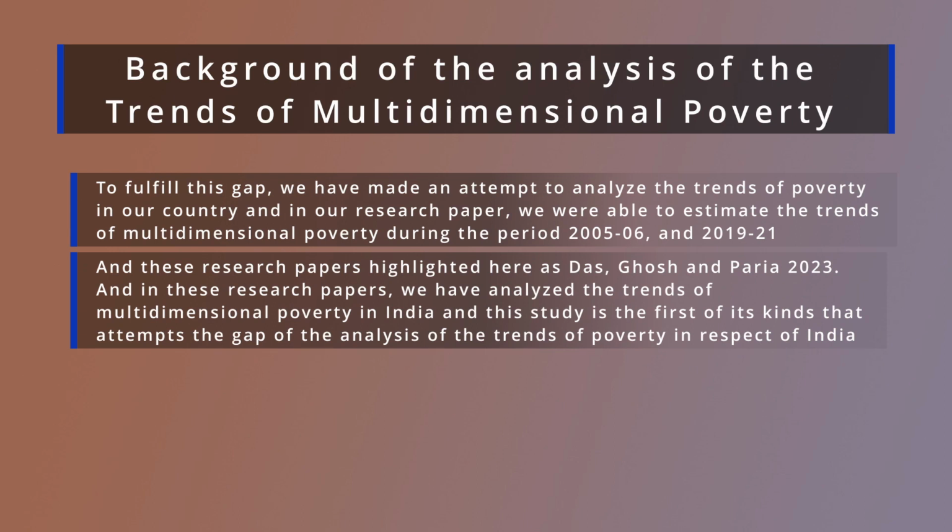This research paper is highlighted here as Das, Ghosh and Paria 2023. In this research paper, we have analyzed the trends of multidimensional poverty in India, and this study is the first of its kind that attempts to fill the gap in the analysis of the trends of poverty in India.